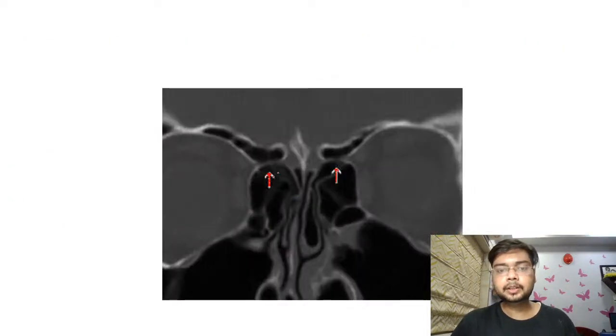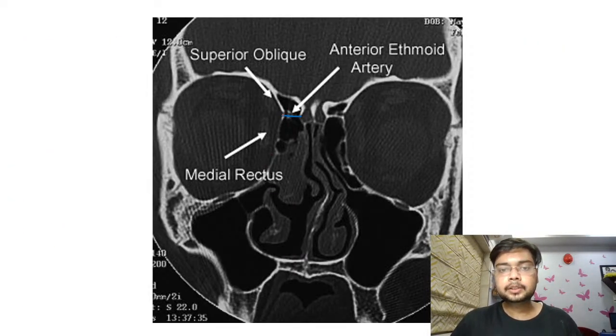This is the course of the anterior ethmoidal artery, which exits from the orbit into the nasal cavity between the superior oblique and the medial rectus. There are two intraorbital muscles, medial rectus and superior oblique. Between these two, the anterior ethmoidal artery exits from the orbit into the sinonasal cavity, and this conical point is called Kennedy's nipple.